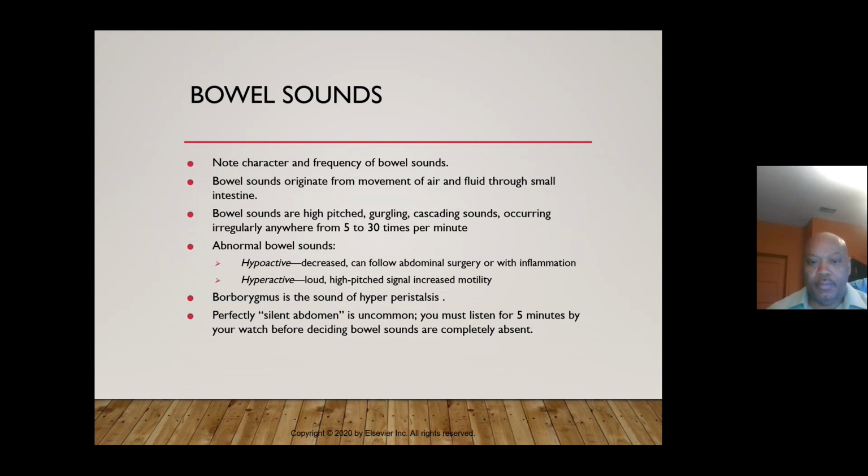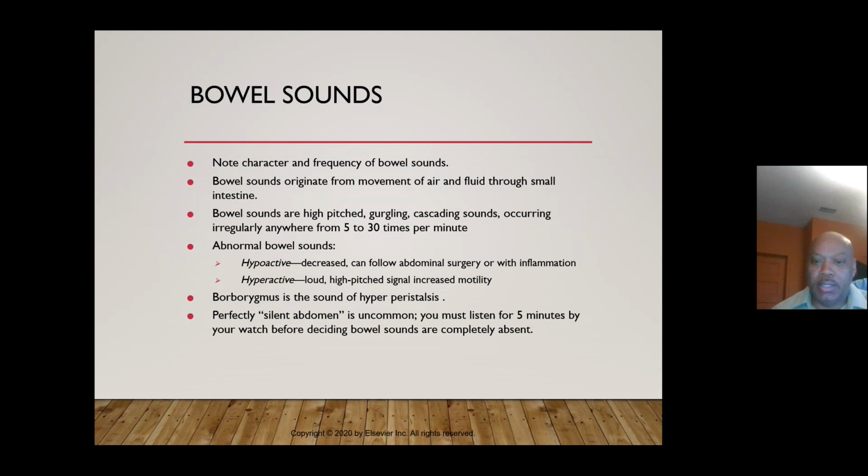When we describe the character of the bowel sounds, we may hear hypoactive bowel sounds as well as hyperactive bowel sounds. We can also hear, obviously, normal bowel sounds, but the abnormal bowel sounds would be your decreased.